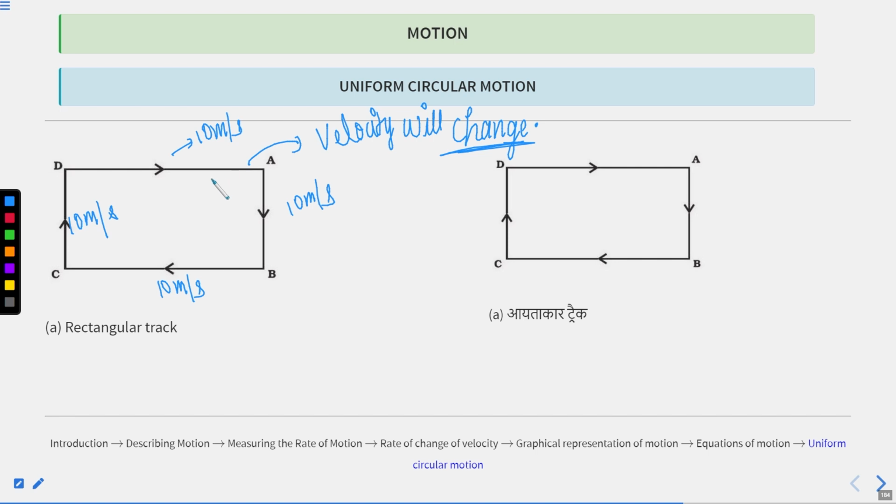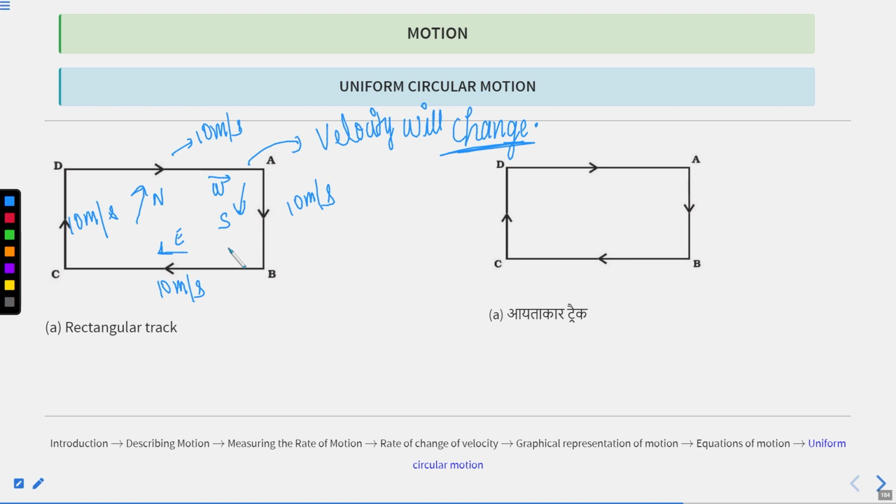First the direction was west, then south, then east, then north. So direction is continuously changing, but the speed remains constant. Speed remains constant means magnitude remains constant. Magnitude remains constant, but velocity will get changed because direction is changing.